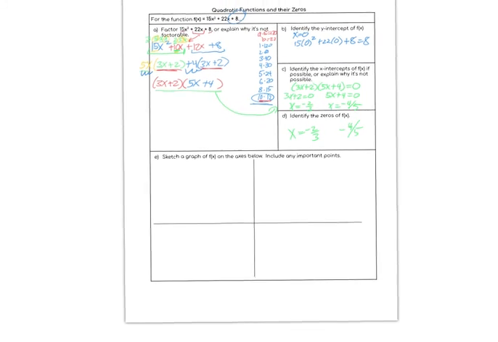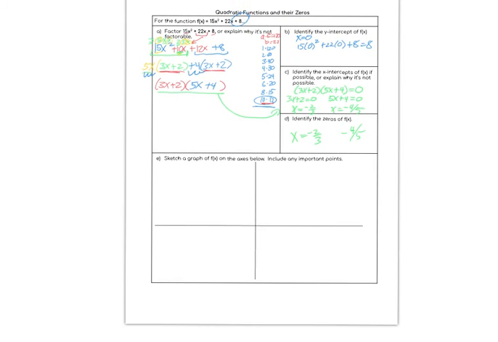Then we got to sketch a graph, and I'm going to include some important points here. The important points that I'm going to try to include for this, one is definitely going to be my y-intercept that we said was 8. I'm going to include my x-intercepts of negative 2/3, negative 4/5.